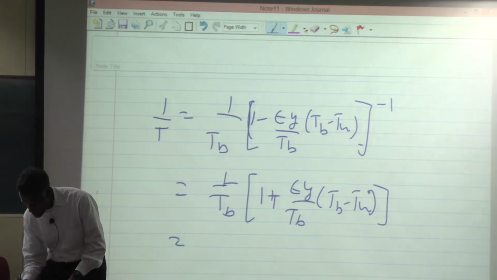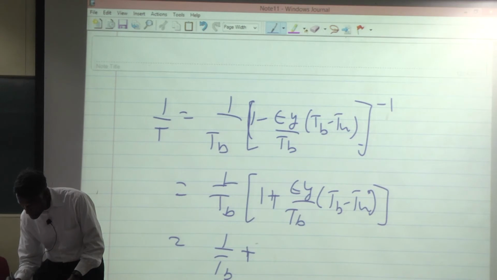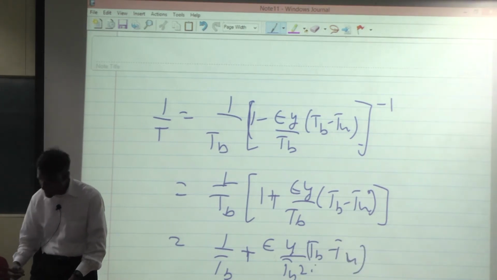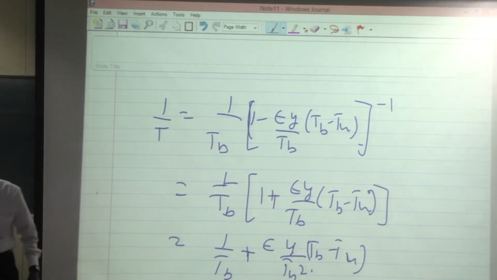So this is going to be equal to 1 over T_b plus epsilon y over T_b squared times T_b minus T_u. That's what you get.